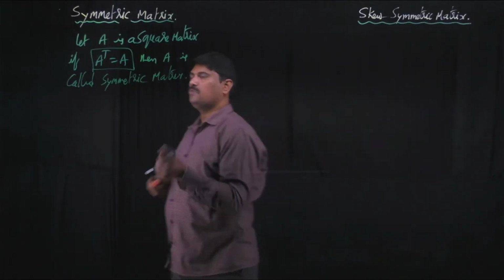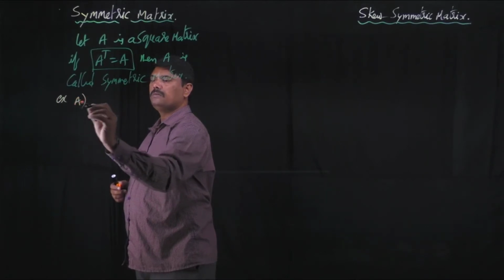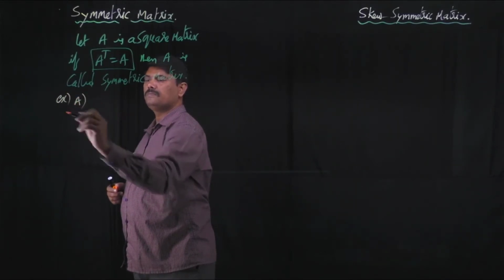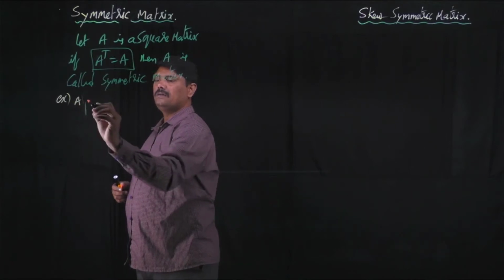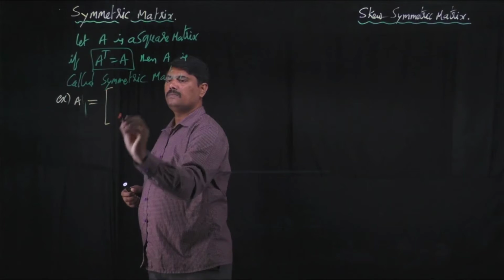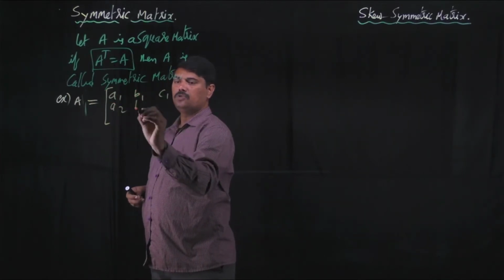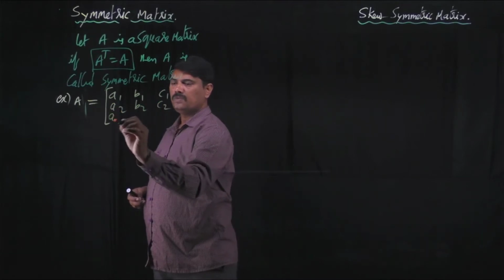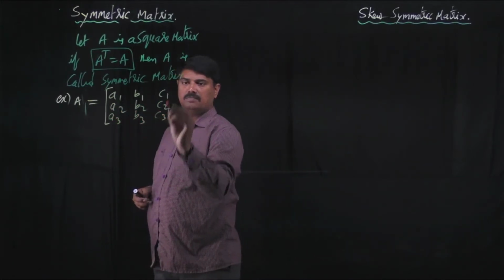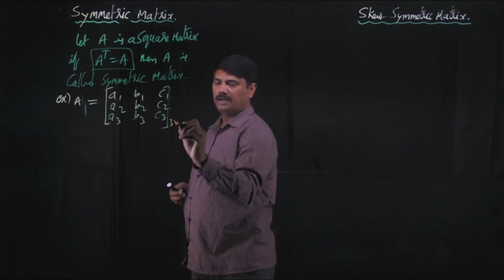Now let us check one example. Let us consider a matrix A like this: a1, b1, c1; a2, b2, c2; a3, b3, c3. So let us consider a 3 by 3 square matrix.